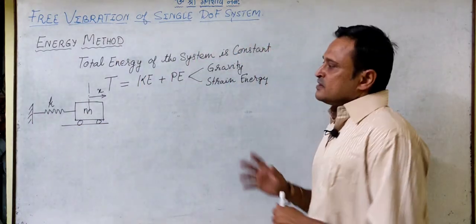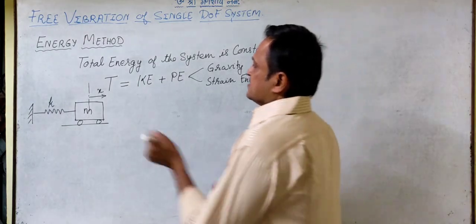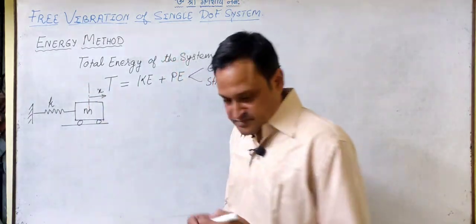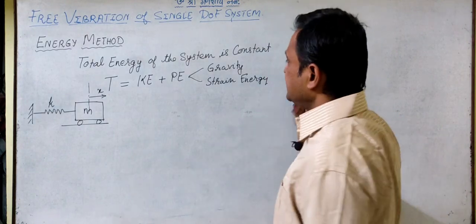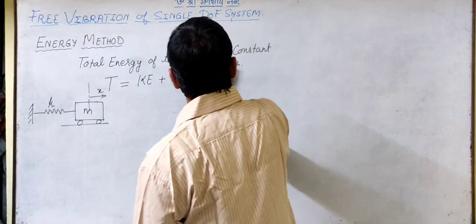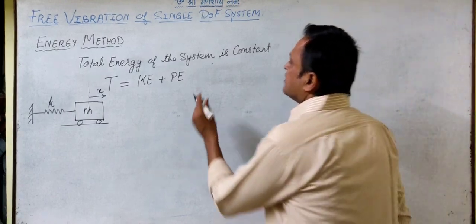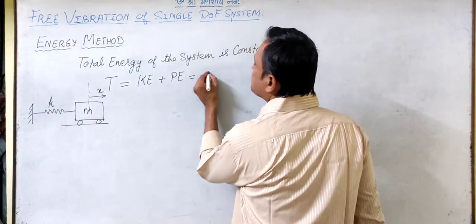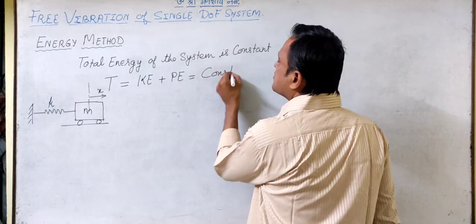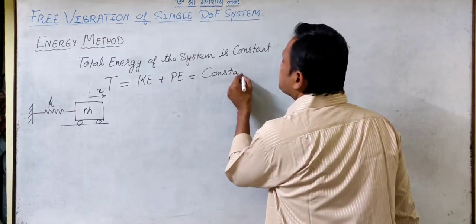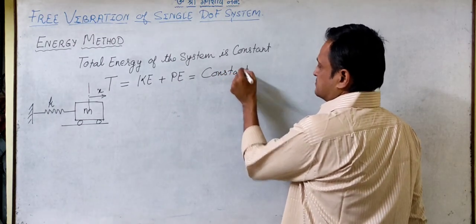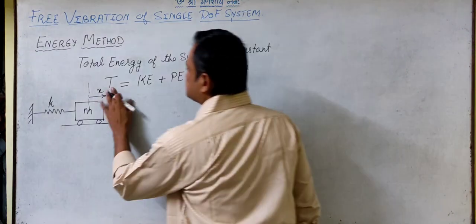So that is how we can say that the total energy, that is kinetic energy and the potential energy, sum of these two, neglecting other energies, to be constant, right?